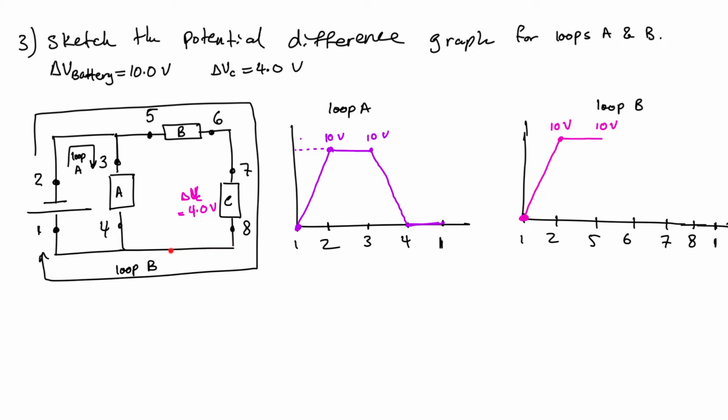They're going to move all the way back to this point, and they're going to have 0 energy here. So we know that at this point they have 10 joules of energy for the amount of charge. Here they have 4 joules of energy because we know they're going to lose all of that energy.